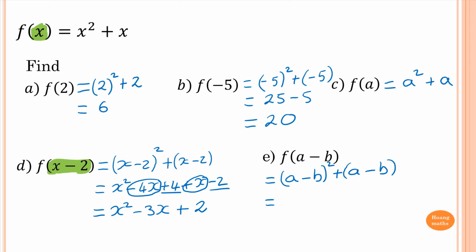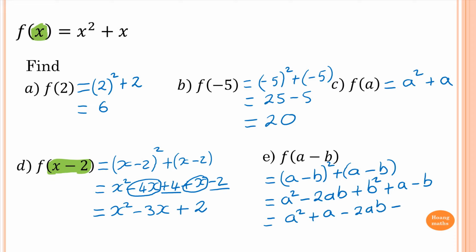So now I expand it, a squared, a times minus b is minus ab, then I double it, gives me minus 2ab, and plus b squared always. And I just write it down, which is this term plus a minus b. So I just rewrite a first, which is a squared plus a, it looks nicer, that's all, minus 2ab, and then minus b, and then plus b squared.